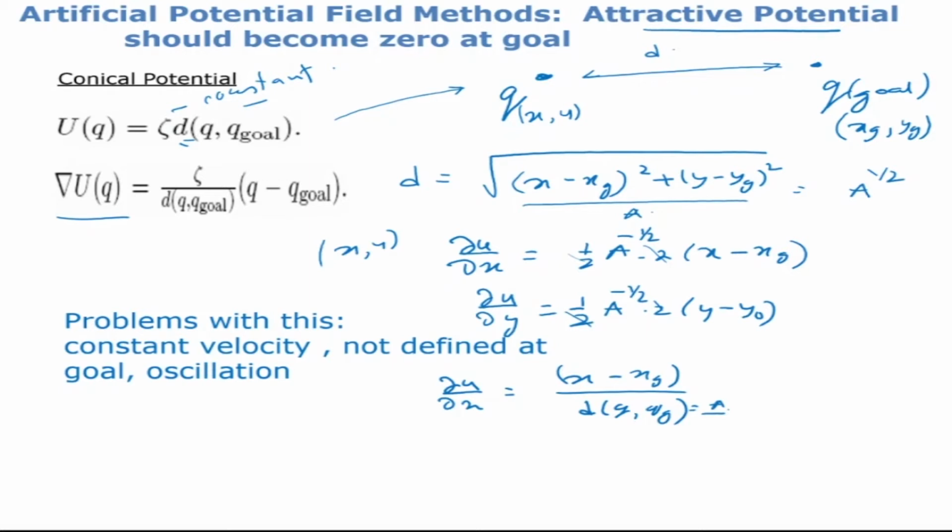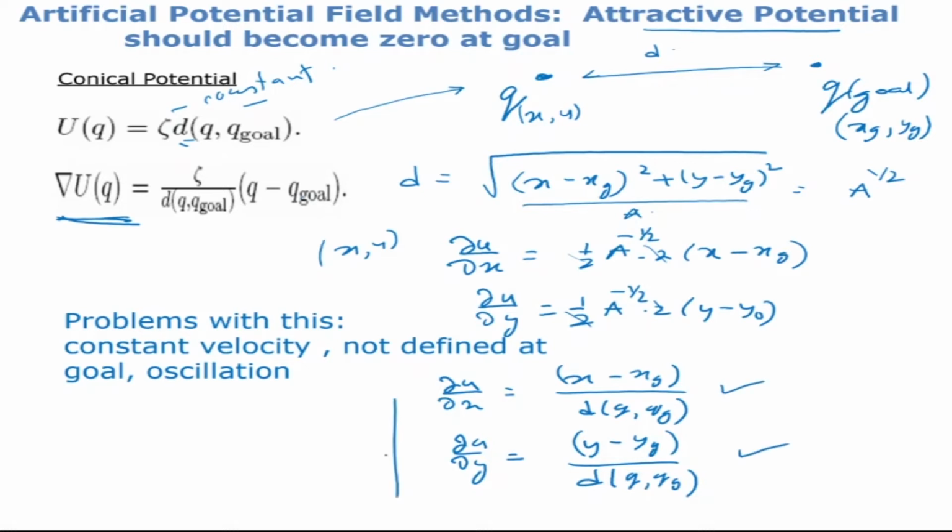Now du by dy is equal to y minus y goal divided by d again. Now this is what we have seen, that the grad of this will be equal to zeta divided by d into q minus q goal. This is what we are seeing here, for x and y.